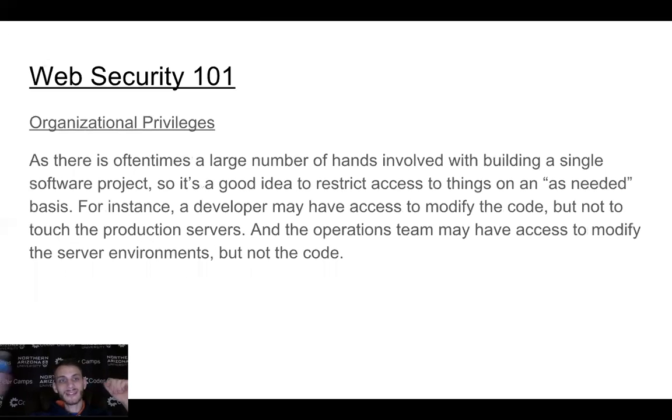Next, organizational privileges. So this one's pretty important because most of the time when software projects are built, they're built by more than one person, okay? And so because there's lots of hands in the cookie jar, what you want to do is you want to restrict things to an as-needed basis as far as permissions go, okay?